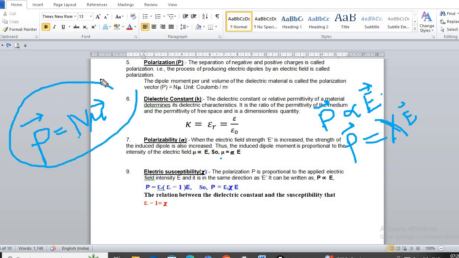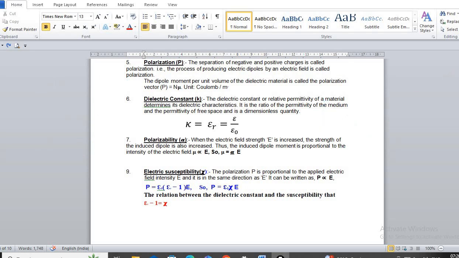If mu is proportional to E, then P is also proportional to E, as N is constant for a particular medium. Just rearranging this, we get the relation between the dielectric constant and the susceptibility of the material. Susceptibility is given as epsilon r minus 1, the dielectric constant minus 1.